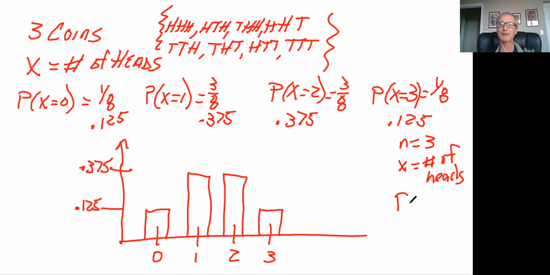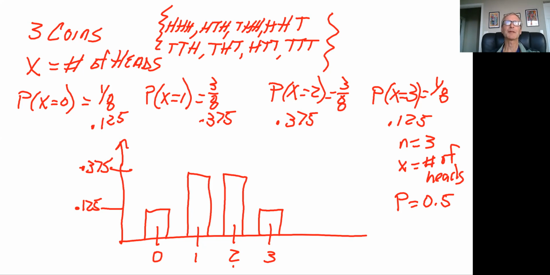And our p value is 0.5. So you could see 0.375 for x equals 2. So what happens if you have some different applications and you wanted to know some different ideas? So it's nice to start with this one.